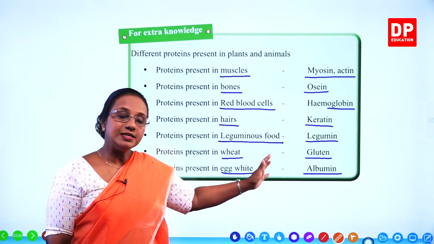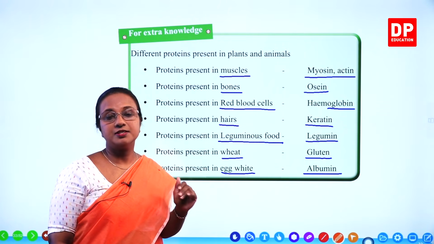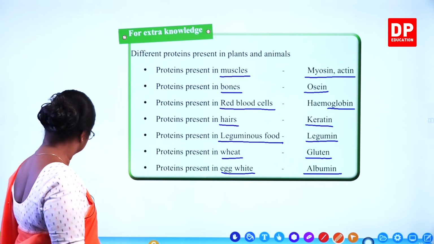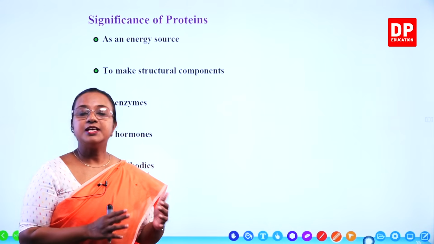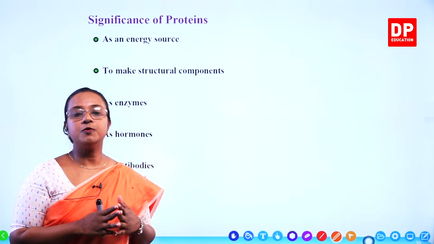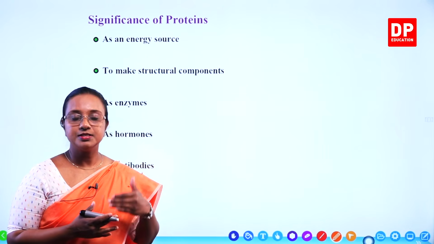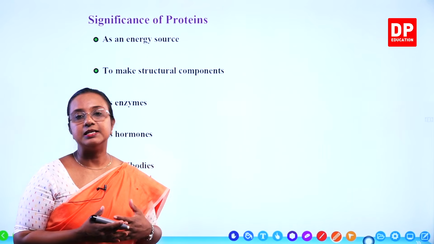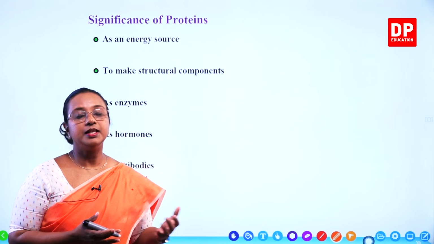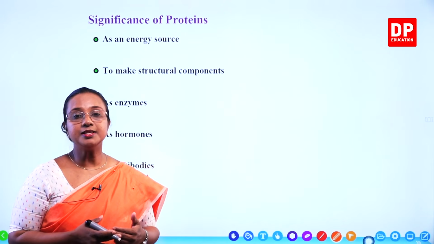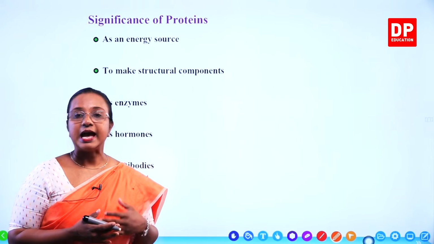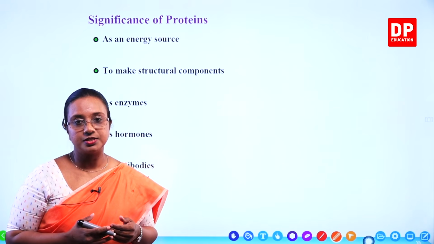Now, we will discuss the significance of proteins as an energy source. As we have discussed before, carbohydrate is one of the main energy sources present in living organisms. In addition to carbohydrates, lipids also act as energy sources.